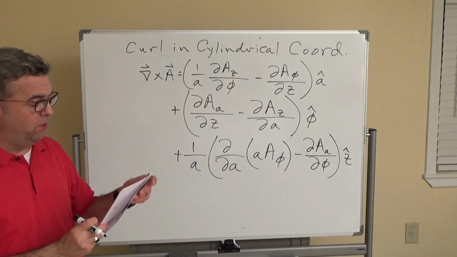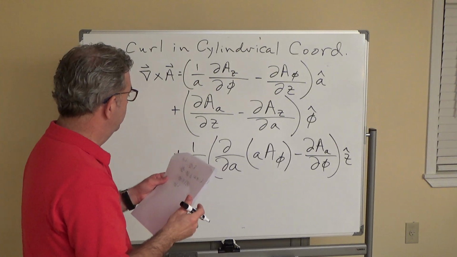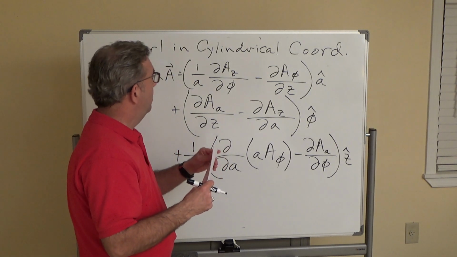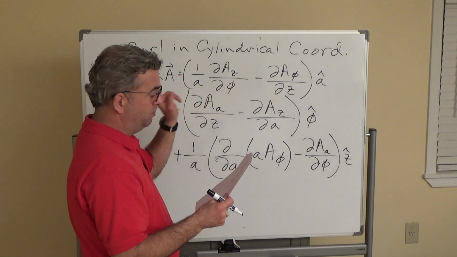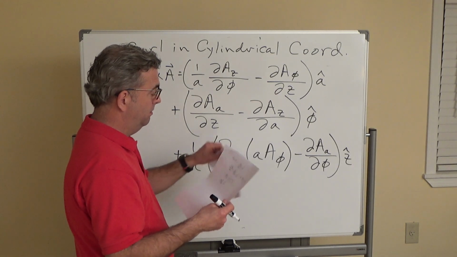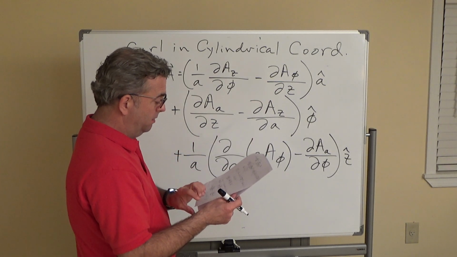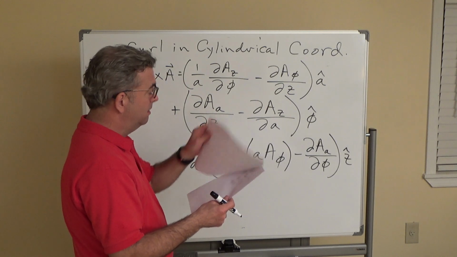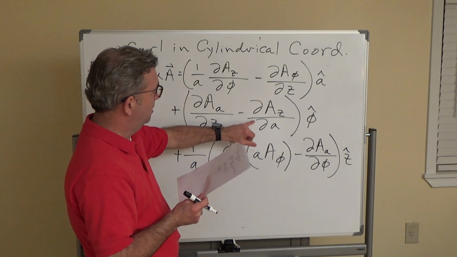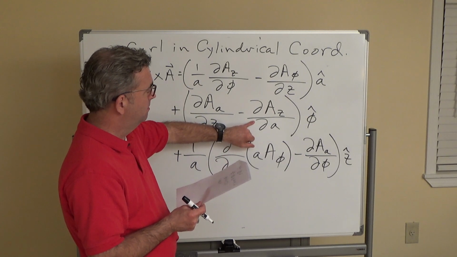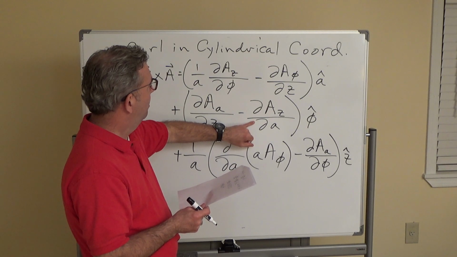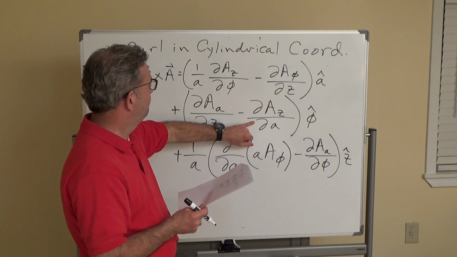So the only term that survives is, which one is it? Because the magnetic vector potential only depends on little a. L is some constant, so this is the only one that survives. All the others go away.